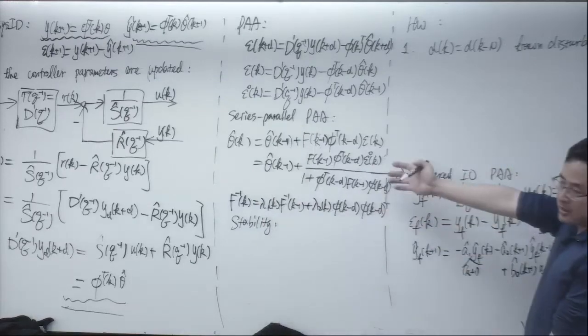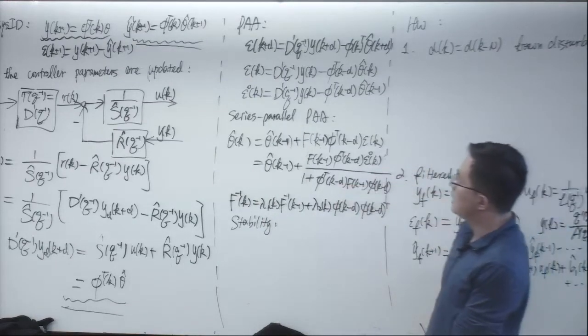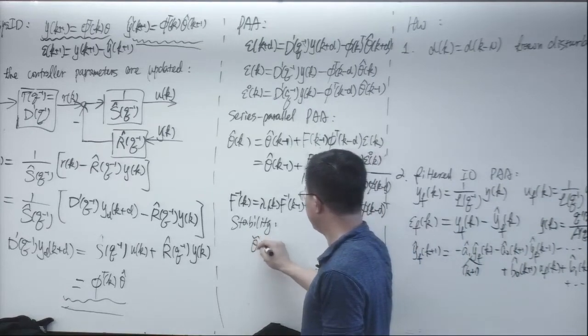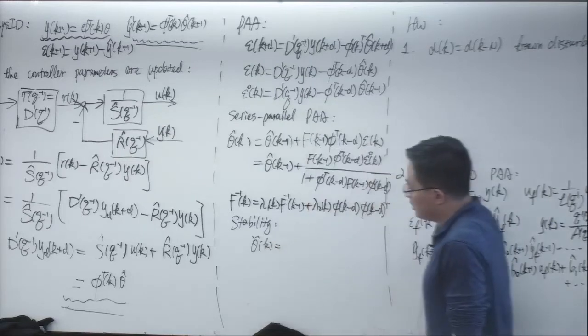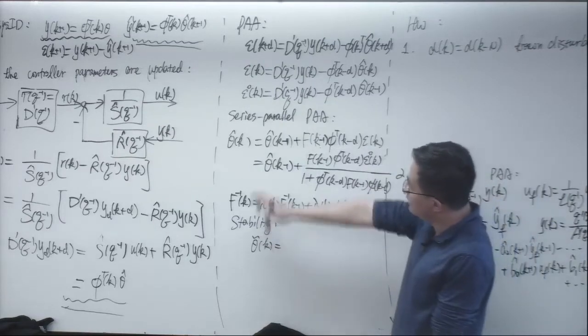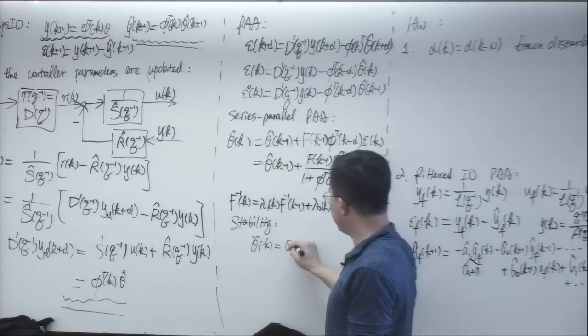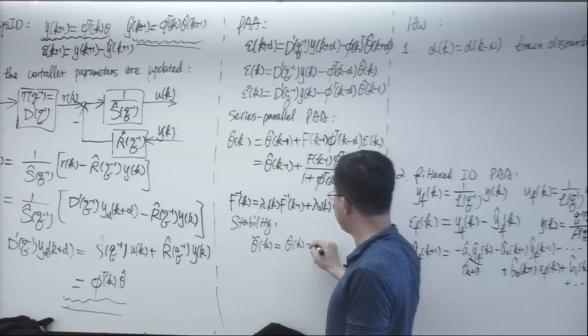The stability proof is similar to system identification. We can first focus on the difference between our theta hat and theta. So theta tilde is defined as theta hat minus theta.